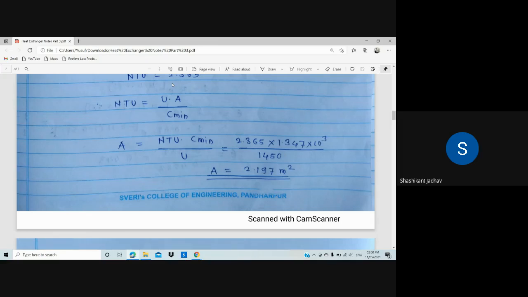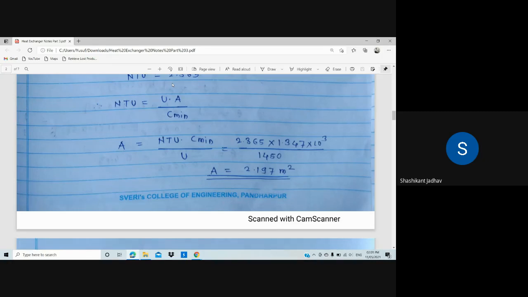Okay, so write down this. NTU is equal to U into A divided by C minimum. From this equation, what is the equation for the area? Area is equal to NTU into C minimum divided by U. NTU we have calculated, that is 2.365, into C minimum.